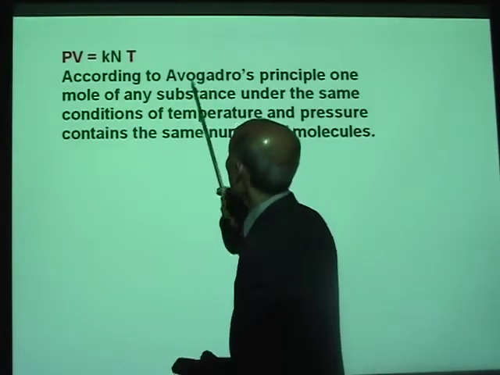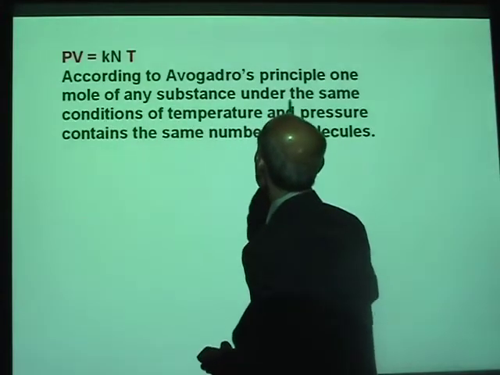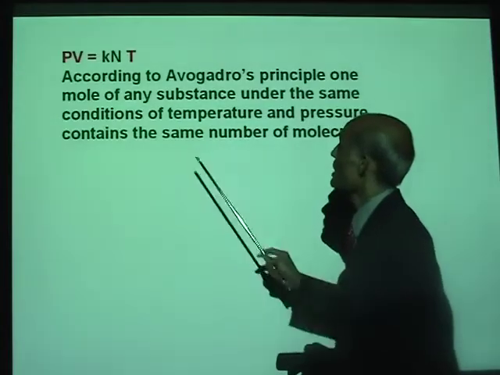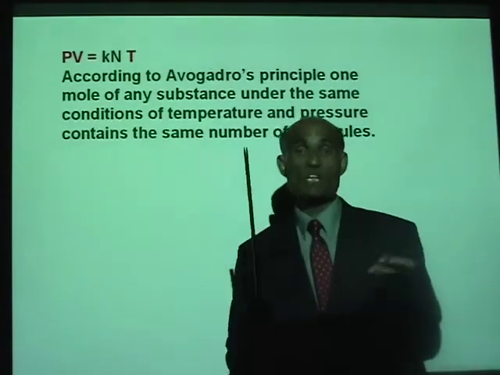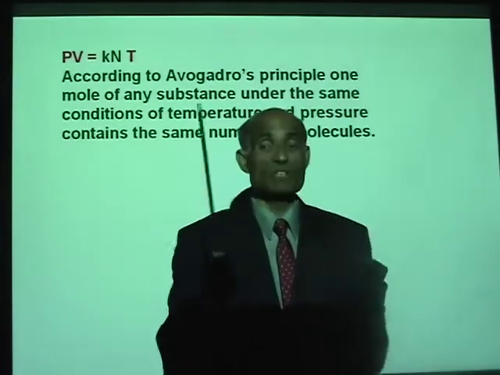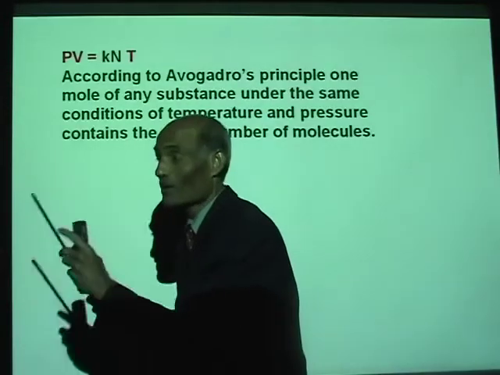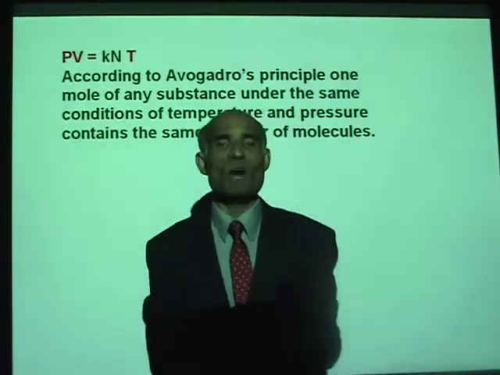Alright. According to Avogadro's principle, 1 mole of any substance under the same conditions of temperature and pressure contains the same number of molecules. You see, if you take 1 mole of hydrogen, 1 mole of nitrogen, 1 mole of air, all those will contain the same number of molecules.